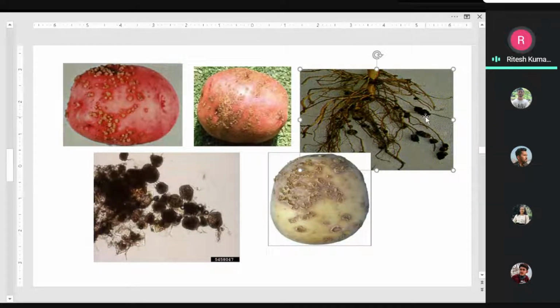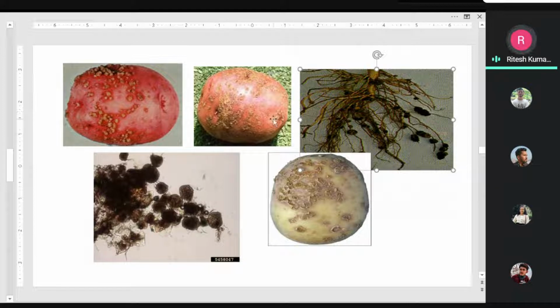Generally, above ground symptoms are not seen; they do not show any kind of adverse effect. There is no wilting or anything like that. So the symptoms are seen only on the tuber. And sometimes these kinds of small galls may be seen. So these are actually hypertrophied tissues. They may be seen on the roots of infected plants.